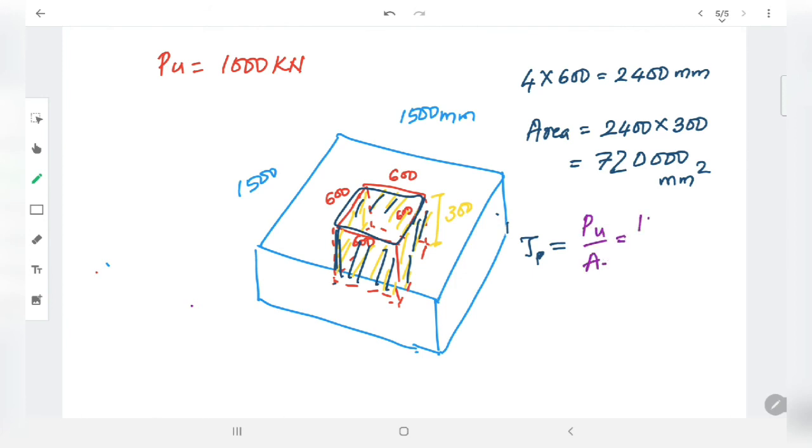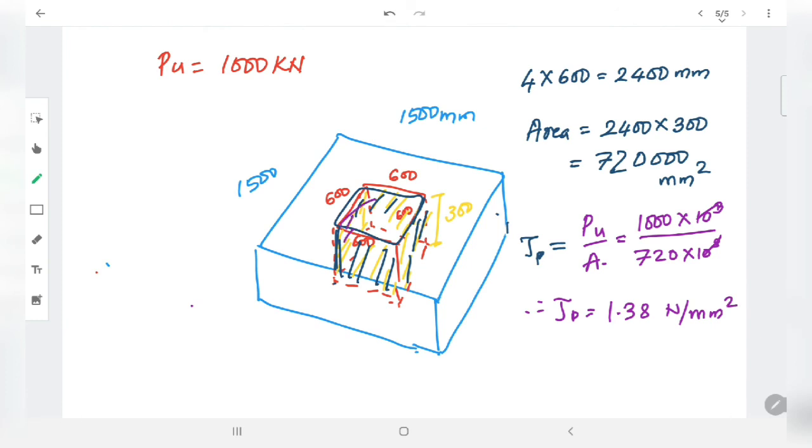It will be load is equal to how much? Ultimate load 1000 into 10 to the power of 3 divided by 720 into 10 to the power of 3. Okay, so this one is equal to how much? Cancel each other. 1000 divided by 720, it will be around 1.38 Newton per mm square. This is the shear stress.